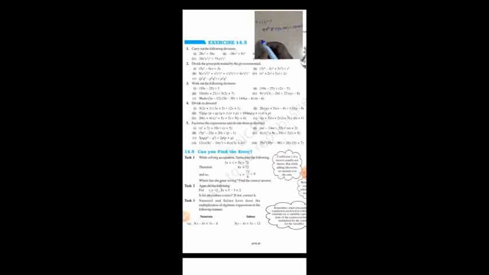So first write it like that: 9x square y square into 3z minus 24, okay, divide by 27 into xy into z minus 8. Clear? This is given.